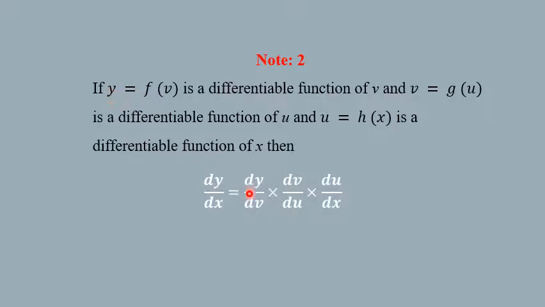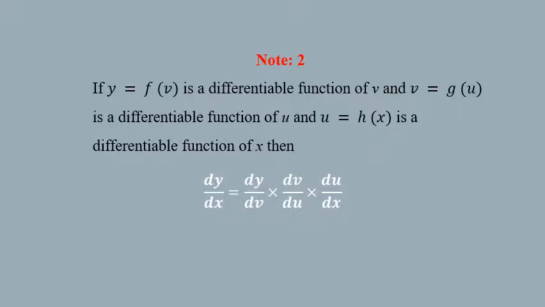So differentiate y with respect to v, v with respect to u, and u with respect to x. This is also known as the chain rule. In the theorem we found the derivative of a composition of two functions, and here we find the derivative of a composition of three functions.